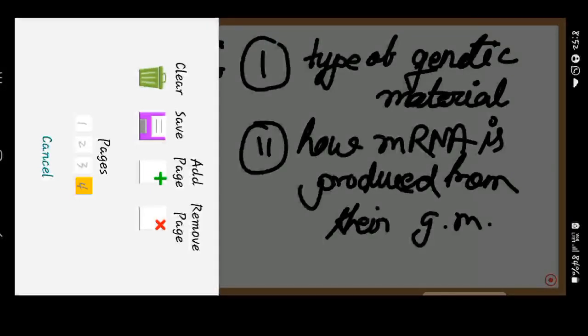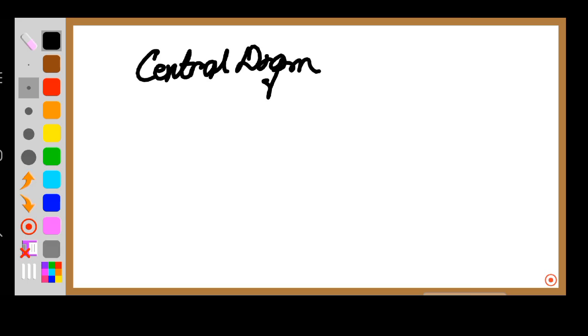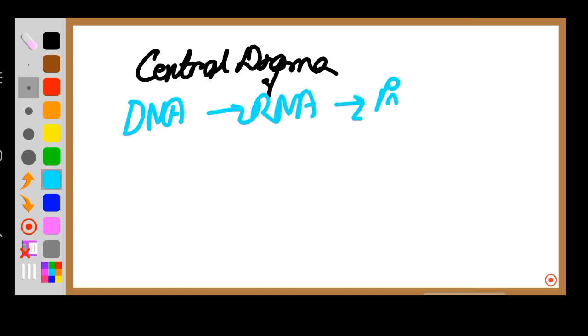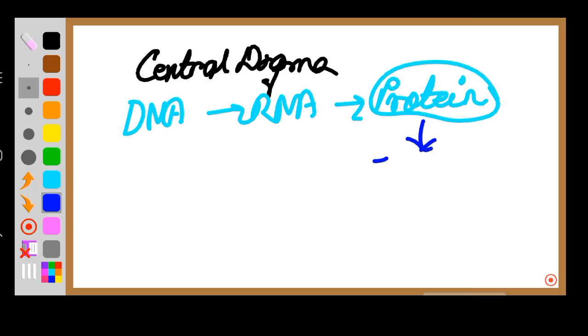Now you all know what the central dogma of life is. What is the central dogma? The central dogma is that DNA forms RNA, and RNA forms protein, and protein is necessary for the expression of characteristics.